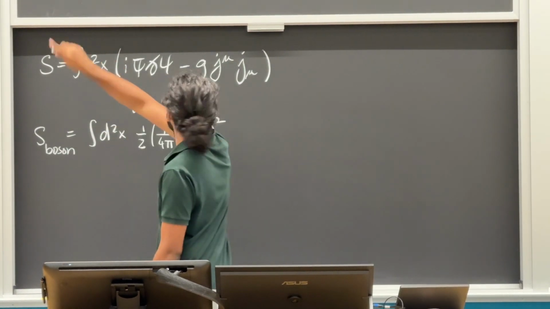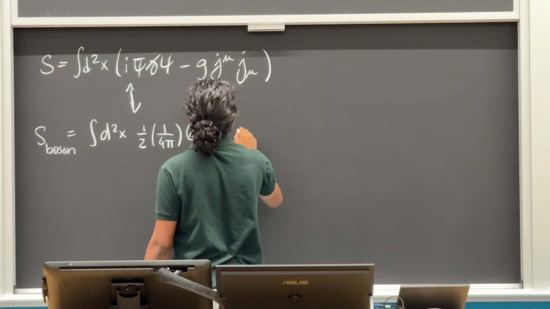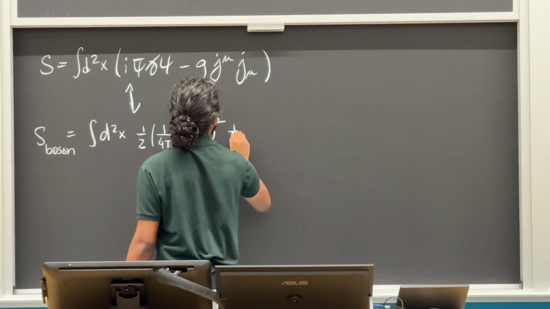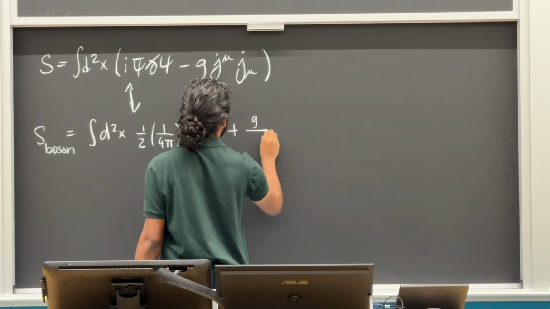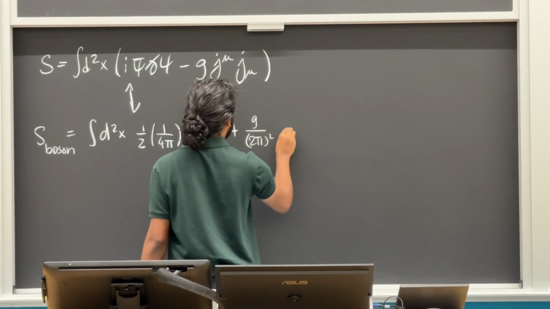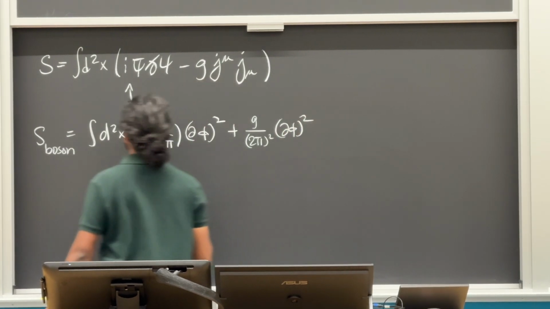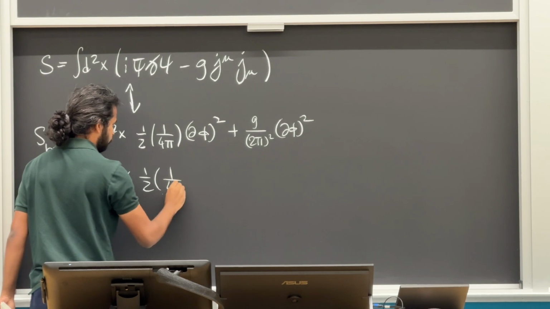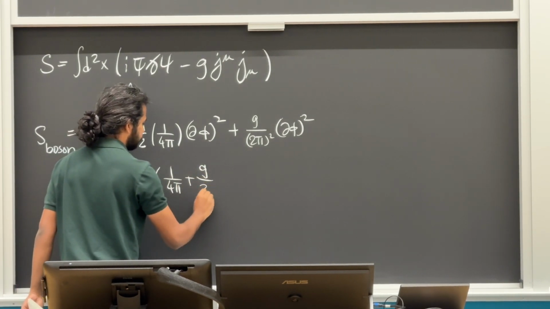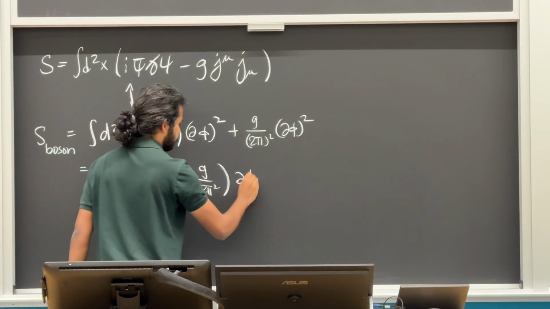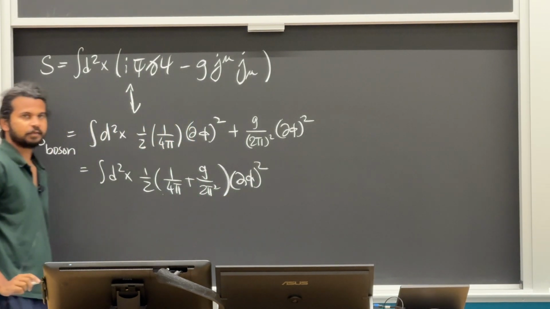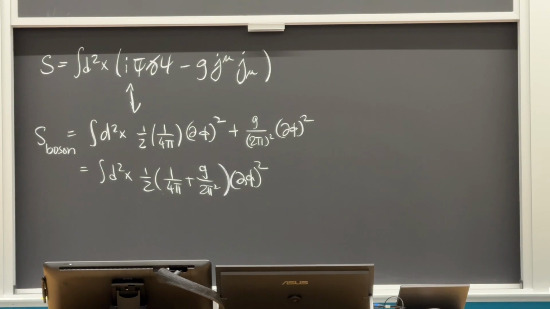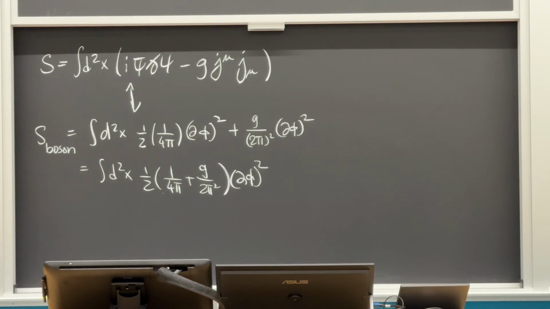And the current interaction just maps to, there's a minus sign over there, a minus sign over here, makes it a plus sign, G by 2 pi square, G square, or in other words, dx of 1/4 pi is G by 2 pi square, G square. So this complicated 4 Fermi interaction just becomes a free boson.